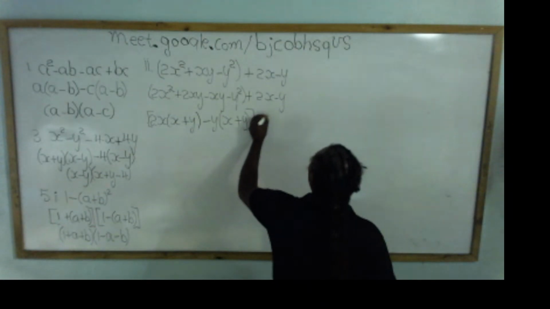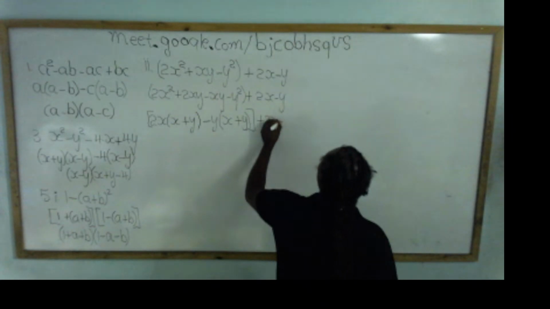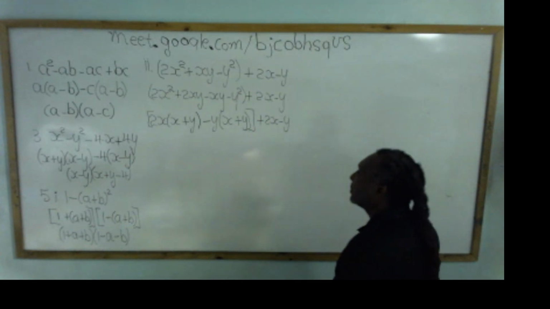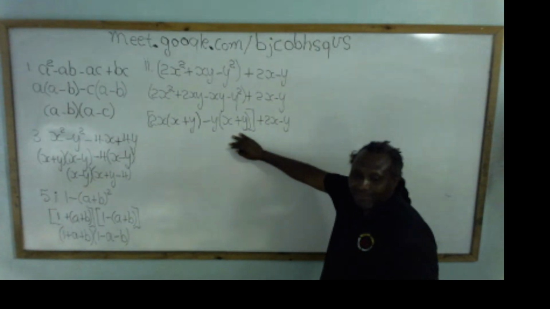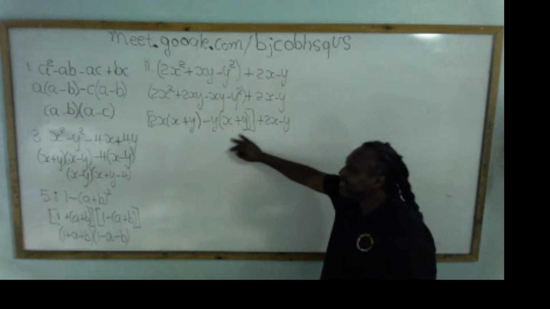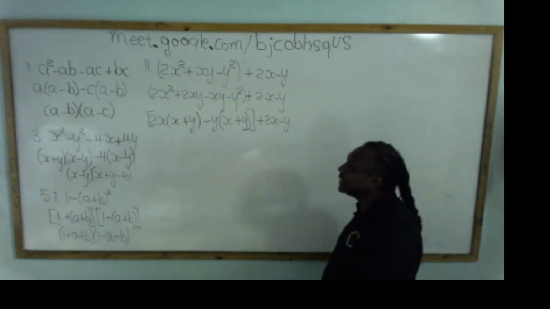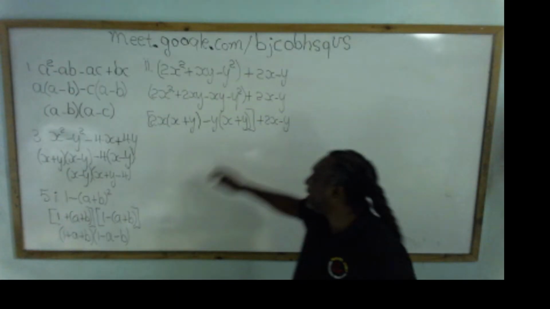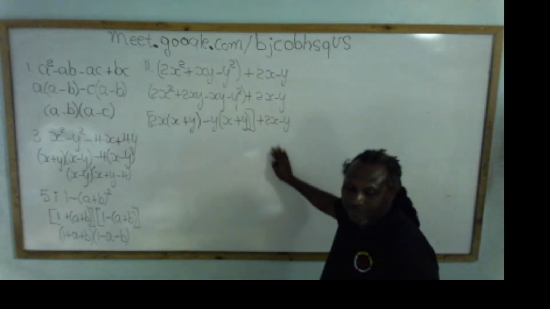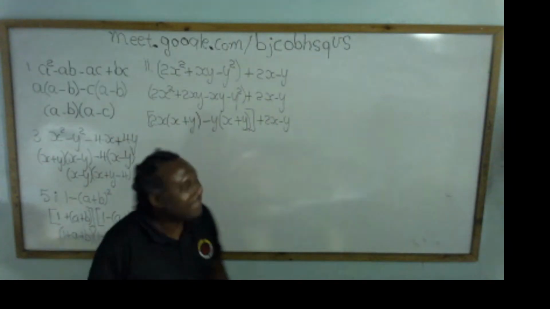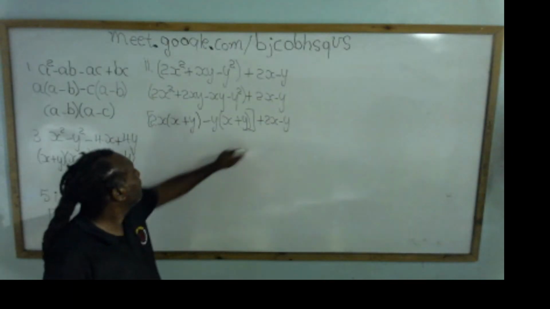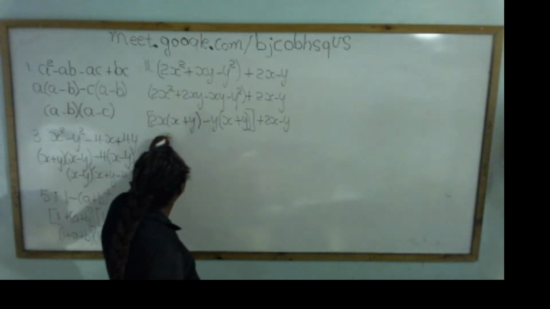Then we have plus 2x minus y. And of course, inside our trinomial environment, because we are keeping those terms in the trinomial together so that they are not contaminated by the ones that we have over here. So what's common in these? X plus y.